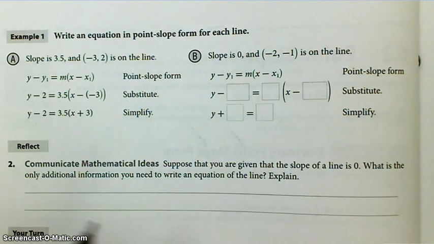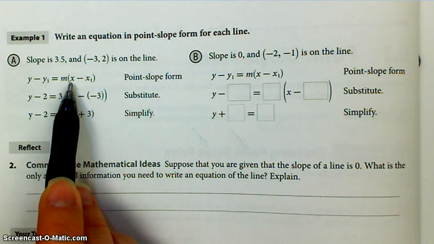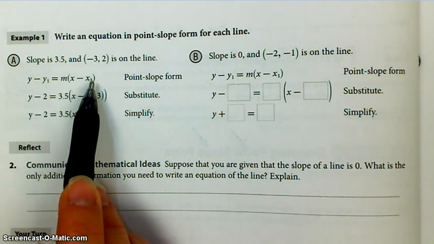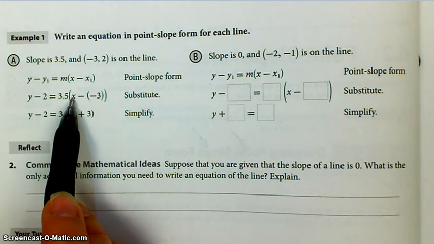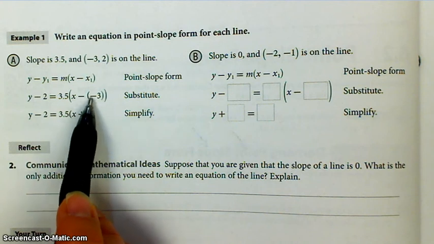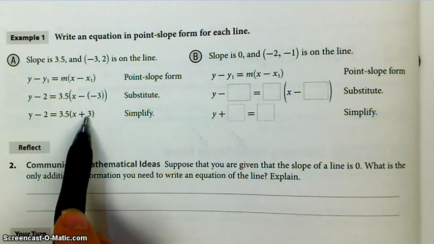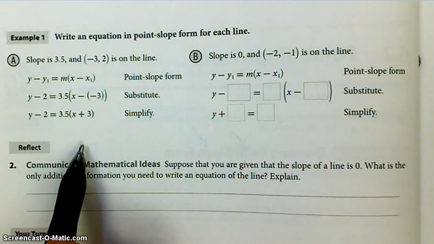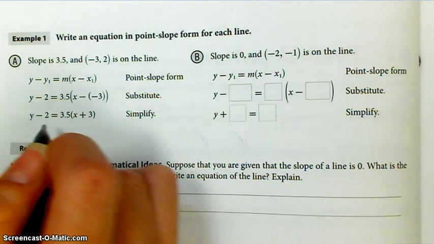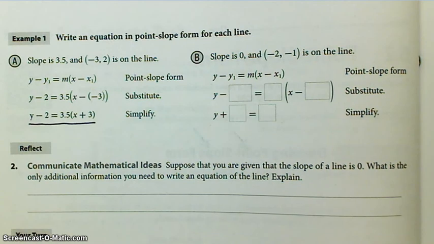Okay, now be careful. The formula already says x minus x1, so it still should say x minus x1. x1 is negative 3, so it's basically telling you minus a negative, which turns it into plus 3. Okay, so there is your line in point-slope form.